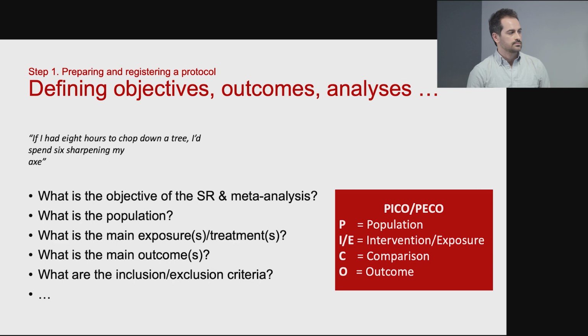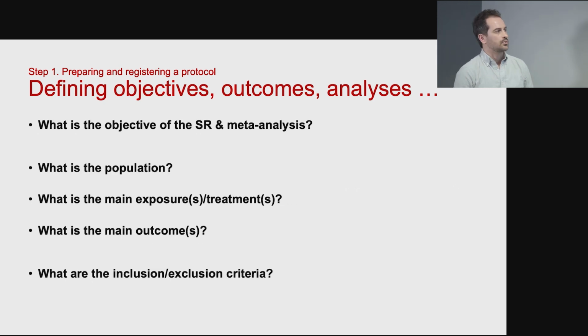C is for comparison, so you can compare the people that have an intervention to people that don't have this intervention, or they have a different intervention. And finally, O is for the outcome.